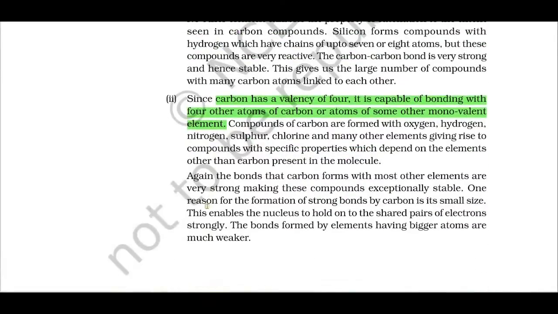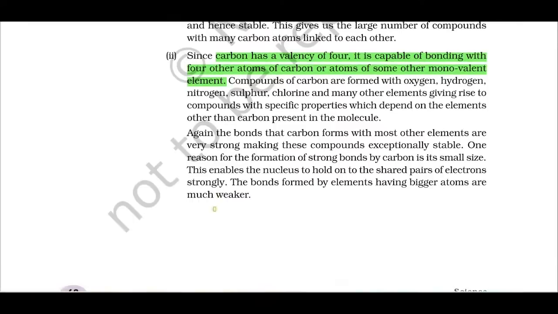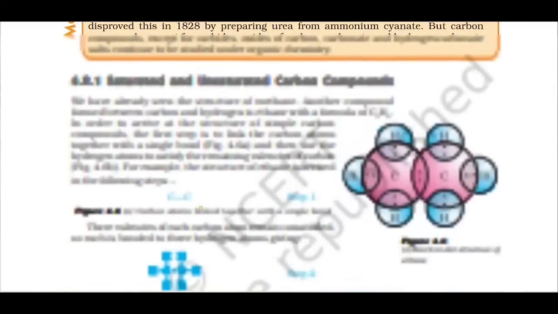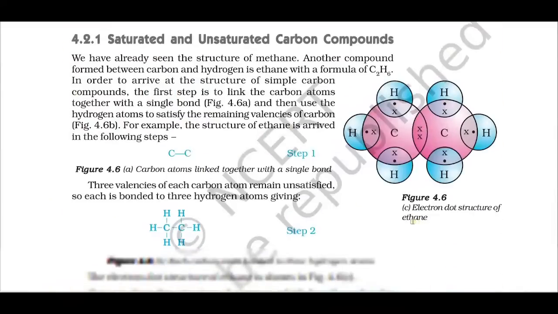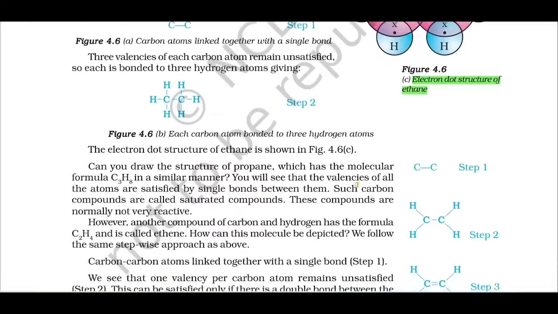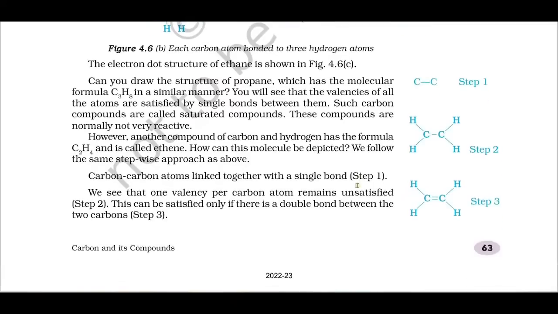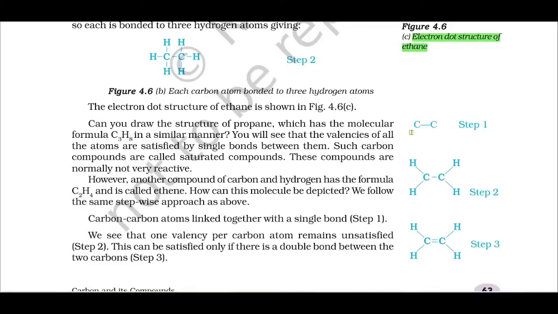The difference between saturated and unsaturated is also a very important question. You can see the formation of the ethane molecule by electron dot structure. You can see here the single bond between the carbon atoms, and the double bond.